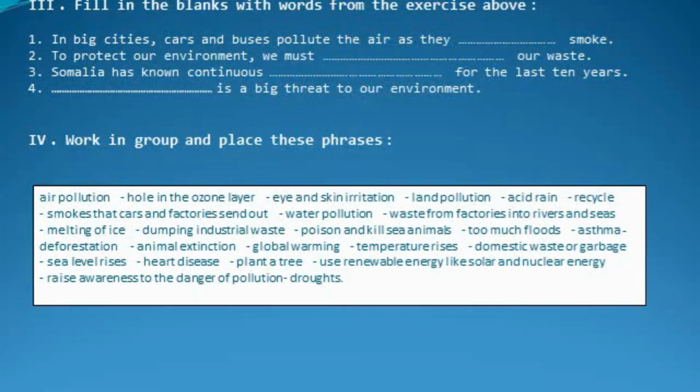Another exercise in which we are going to go through the issue of environment. Work in a group. You can't work in a group right now, but you can do it by yourself and place these phrases.